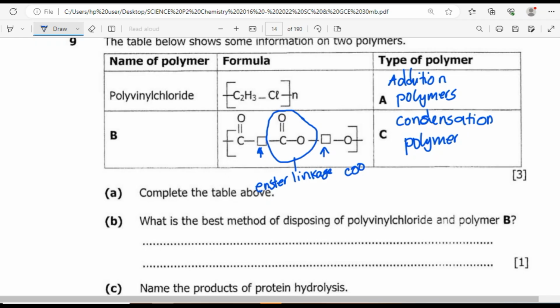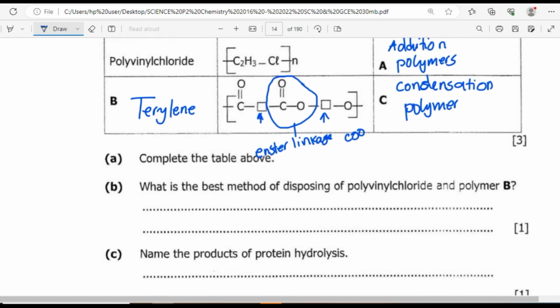Now, what do you think is the name of the polymer that has the ester linkage? These are all synthetic, they are all man-made. This one is known as terylene. So remember, terylene has the linkage COO. So we've answered question A.